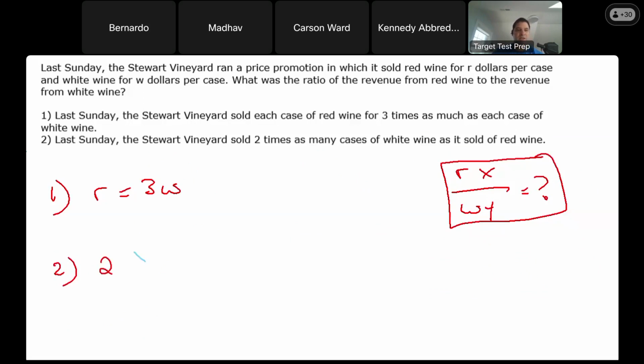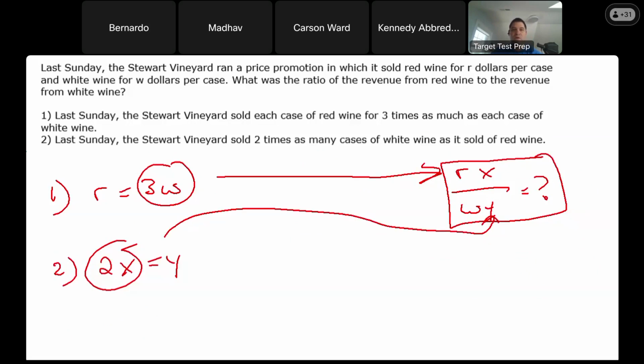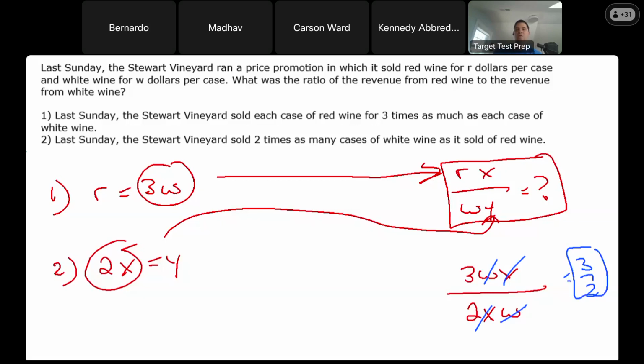So that means 2X is equal to Y. When we sub this in, you do that there, you do this here. So that's going to be 3WX over 2XW. Notice, cancel, cancel, cancel, cancel. 3 over 2, and you're done. So that's it. That's literally all you've got to do here.